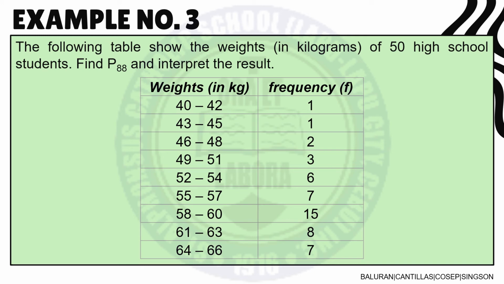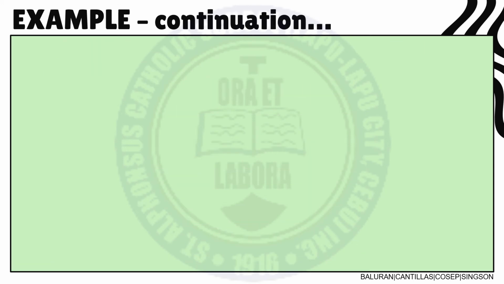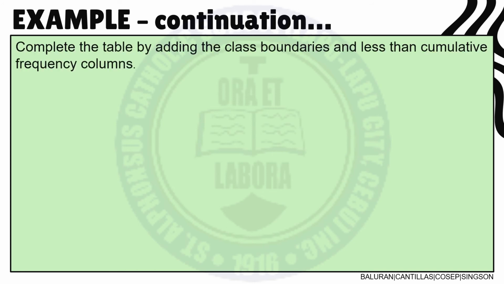Therefore, we need to supply the needed information so that we can solve for our P sub 88. We will now complete the table by adding the class boundaries and less than cumulative frequency columns. So this is now the complete frequency distribution table with the needed columns for us to solve the indicated percentile.